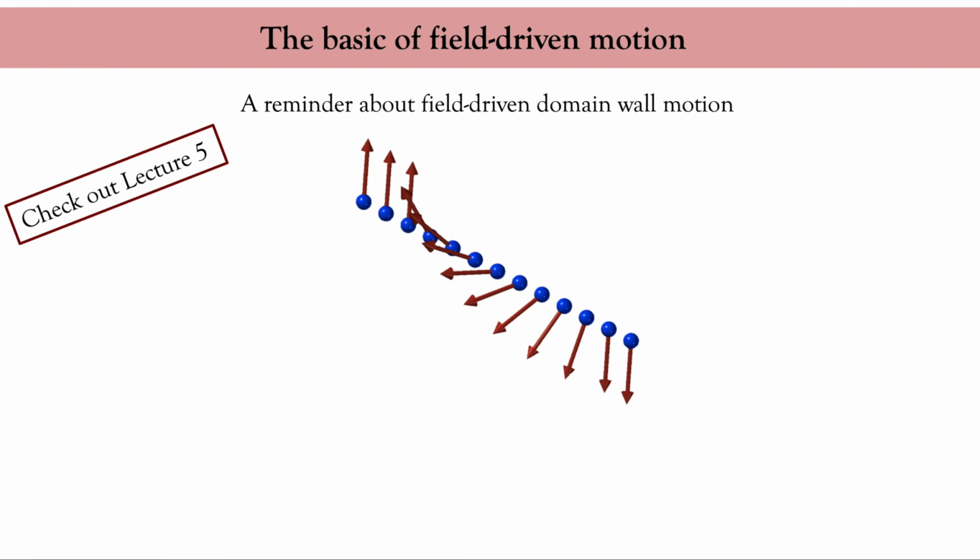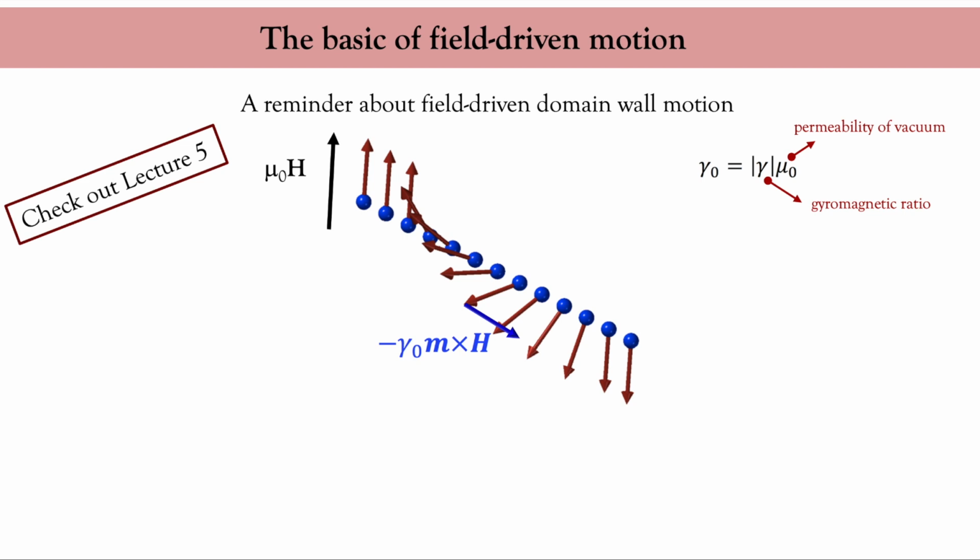Before we get into the physics of spin transfer torque, let's remind ourselves how field-driven domain wall motion works. I have a Bloch wall and I apply a magnetic field along one of the magnetic domains. This field exerts a torque on the magnetic moments, and if I look at the moments at the center of the wall, it tends to take it along the wall direction, which means that it favors the Néel configuration.